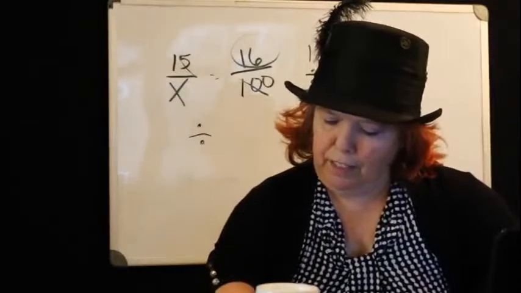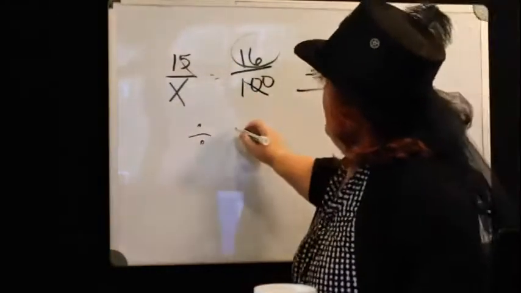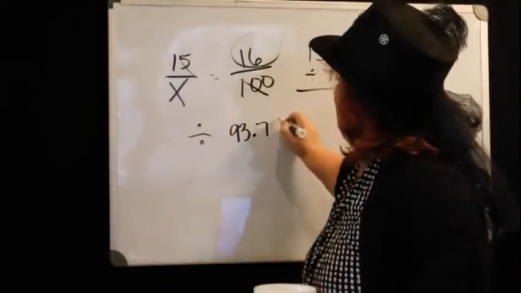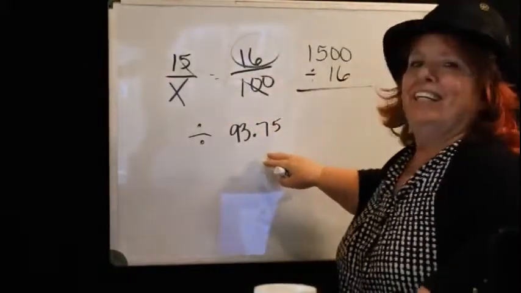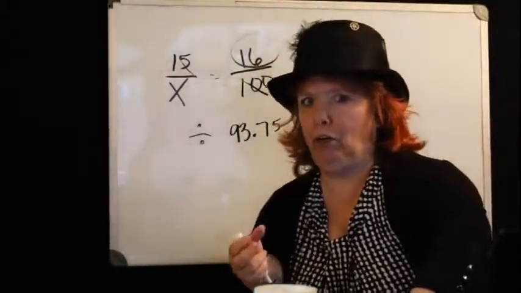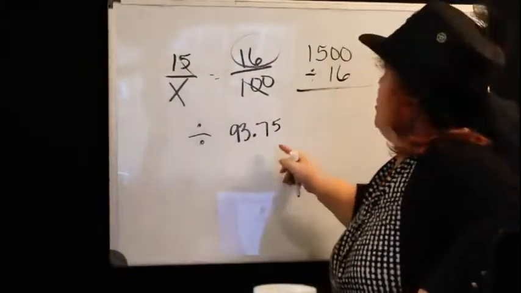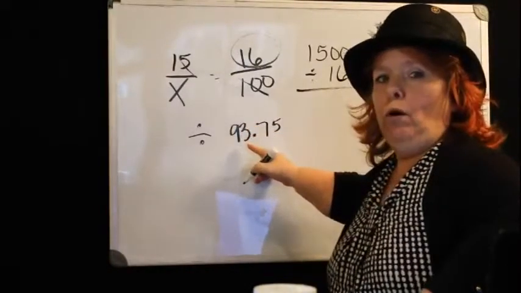1,500 divided by 16 equals, I get 93.75. I guess 2/3 of a person took the test. So, since we want a whole number here, what do I do with this 93? Round it up. Does this stay at 3 or does that go to 4?